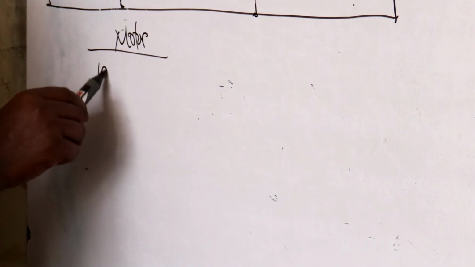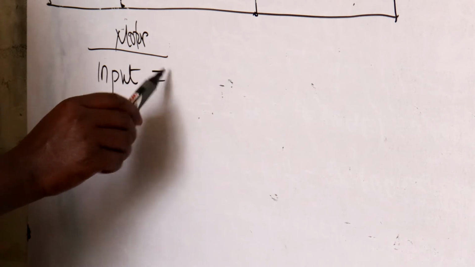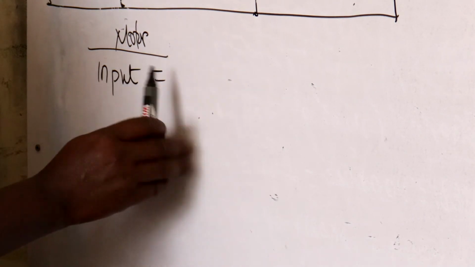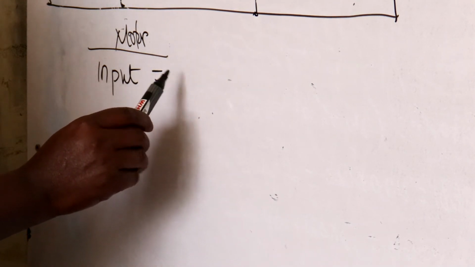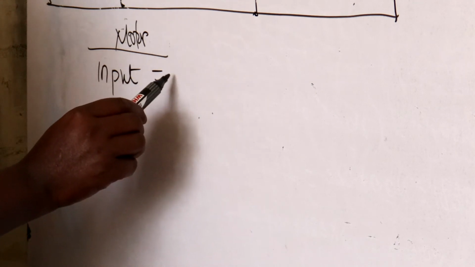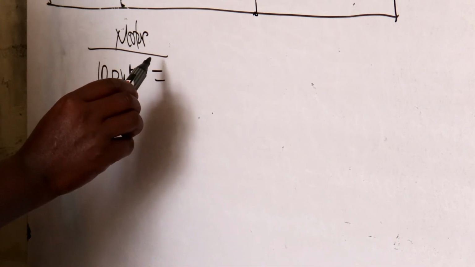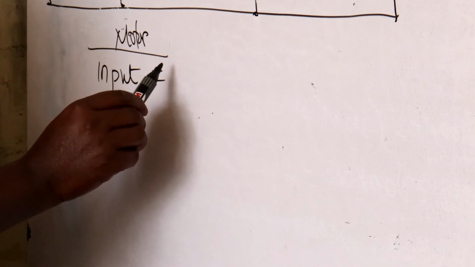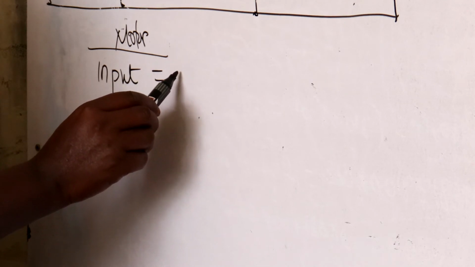Let me begin with the motor. Motor input will be the armature input plus the field. So what do you have?